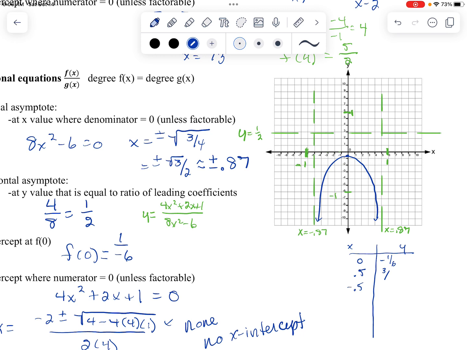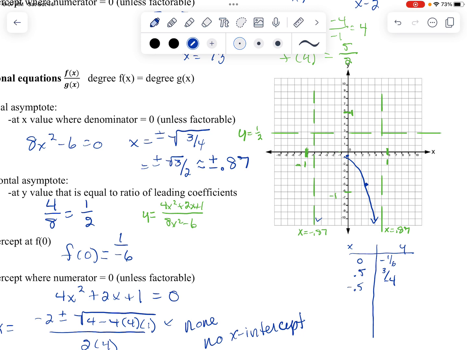And then on the bottom, 0.5 squared times 8 minus 6 gives me -4. So I have -0.75. So at 0.5, this is about -3/4. So probably a little off there. So it comes down toward the asymptote this way.